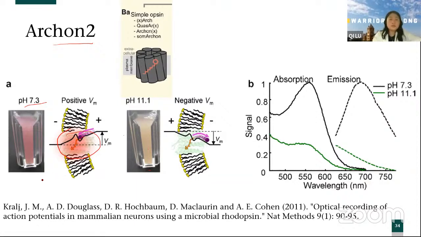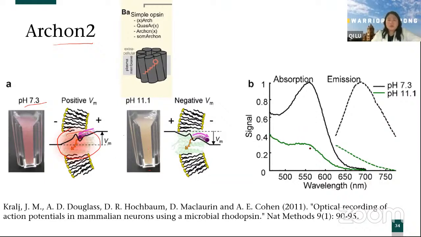So it's not really a relationship between the pH and the membrane potential, but either the pH change or the membrane potential change can cause the location change of the proton within the rhodopsins, and we can also change the absorption or emission light wavelengths of these rhodopsins.